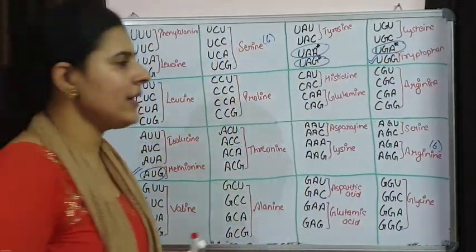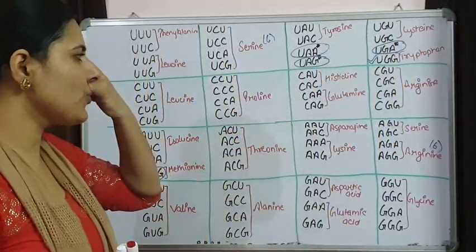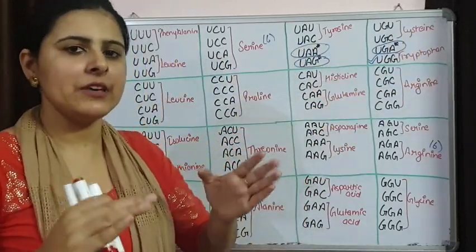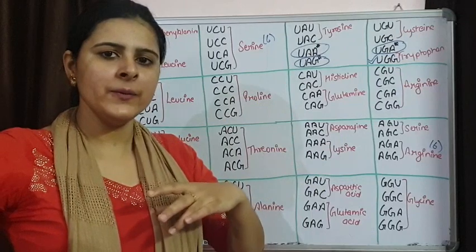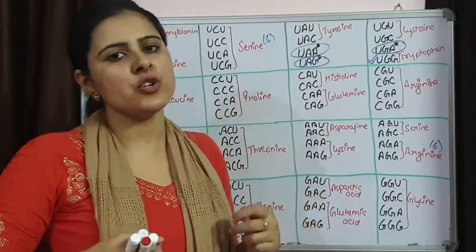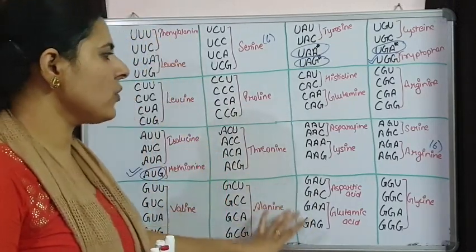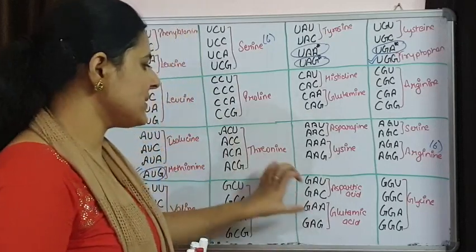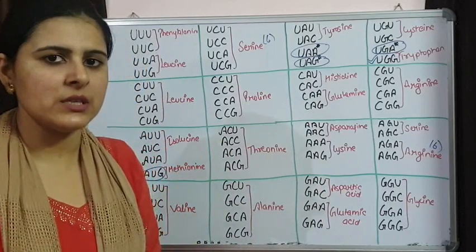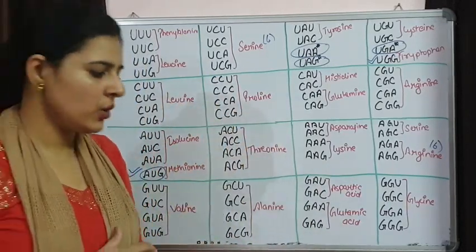I haven't written any amino acid in front of them because they are stop codons, so they are not coding for any amino acid, and they will be present at the 3' end of the mRNA strand, and they will be responsible for the termination of the process of translation. So this is how the genetic code is present, and each specific codon is going to code for one specific amino acid. Now let's talk about the properties shown by the genetic code.